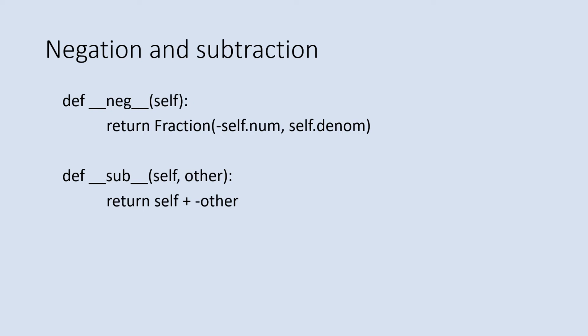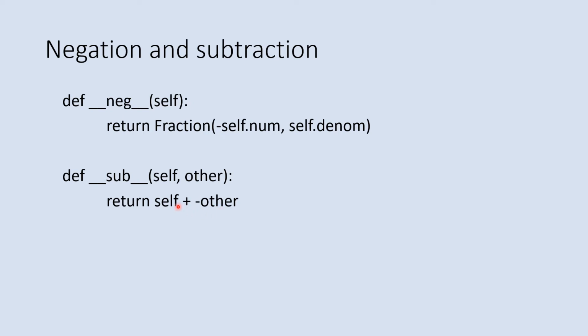Now this works as long as someone tries to subtract something where the negative sign makes sense. So if a user says, here's a fraction, now let's subtract 7, then self plus negative 7 makes sense.